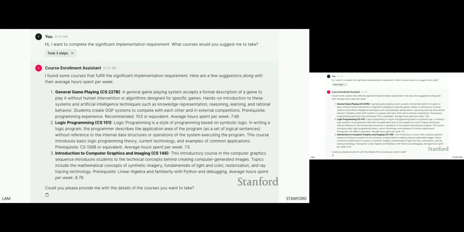And at the end, the agent asks, what is the course that you want to take? Remember, the agent's goal is not just to answer questions. They actually want to enroll you. So this is not the same as a Q&A system, a knowledge assistant. It actually wants to complete a task. This is the task. I want you to tell me what you want to take.